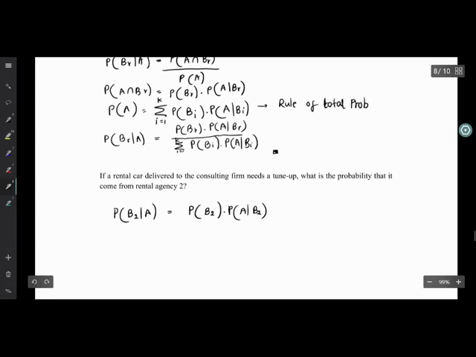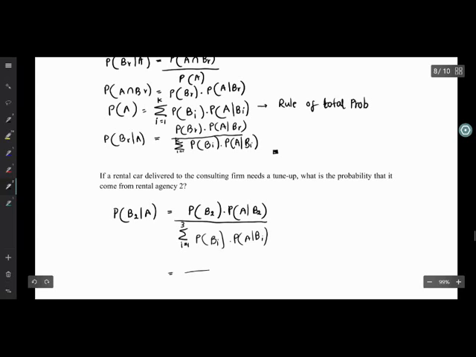We know that probability. And at the bottom we have the summation, i goes from 1 to 3, of P(Bi) times P(A given Bi).